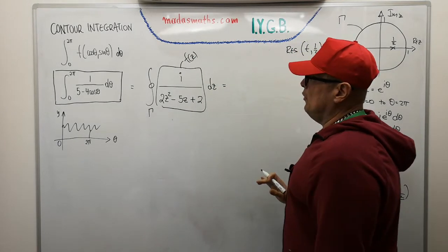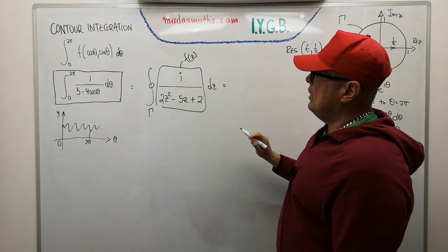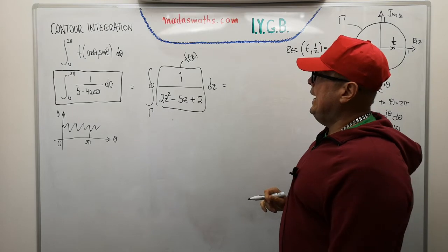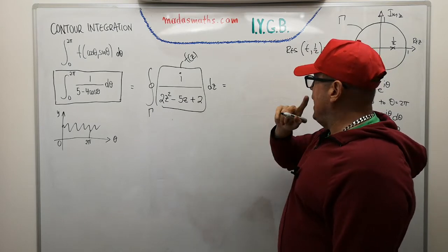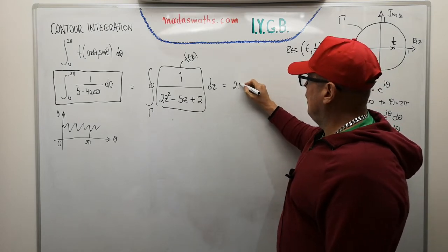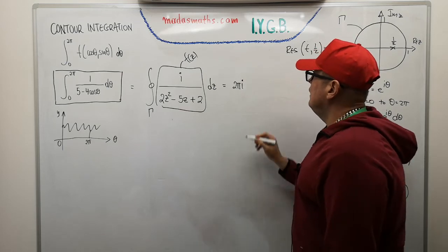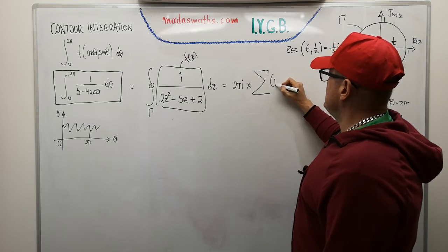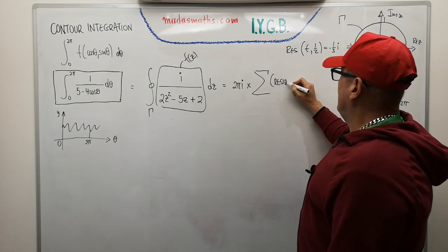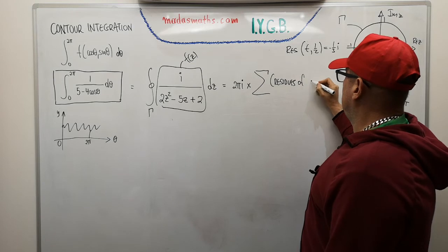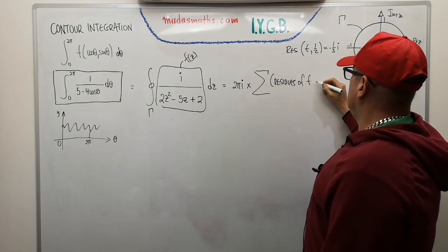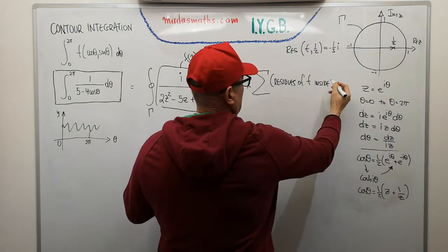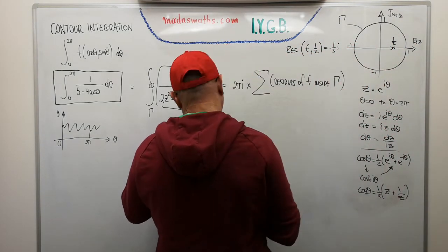Now, the residue theorem says when we're integrating around a closed curve, the answer is always 2 pi i times the sum of the residues of f inside the curve in question, the closed path in question, inside gamma in this particular case.